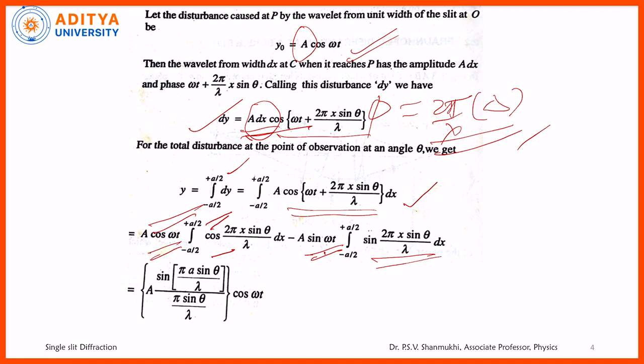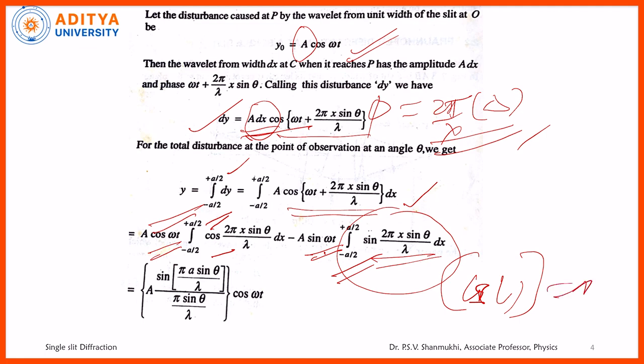Integrating, actually we know the integral of sin theta is minus cos theta, and the integral of cos theta is sin theta. So if you integrate this, you will get a cos term. What are the limits? Minus a by 2 to a by 2. Actually, cos is symmetric between minus x and x, so when you substitute the limits, finally you will get this term as 0.